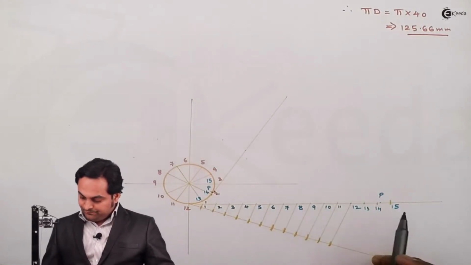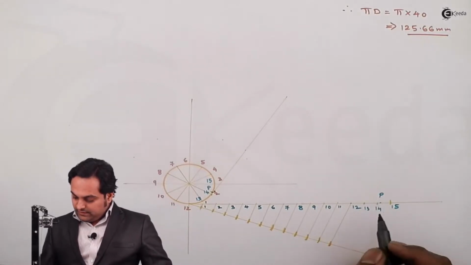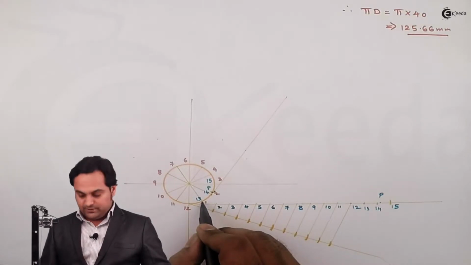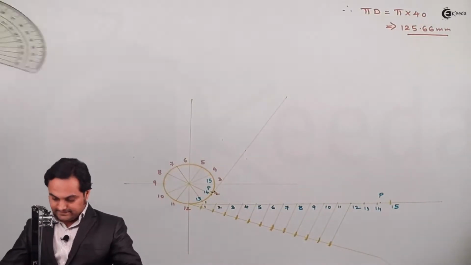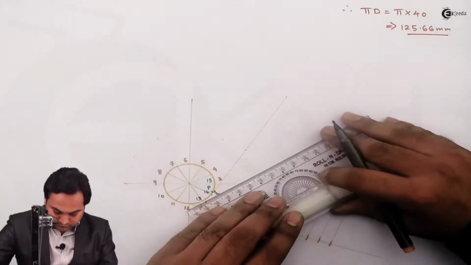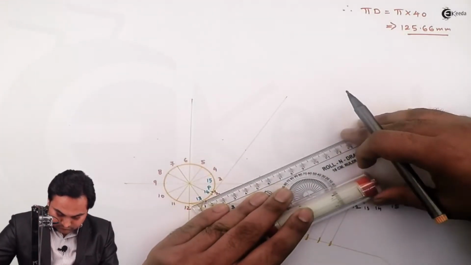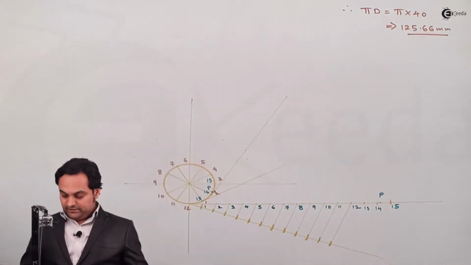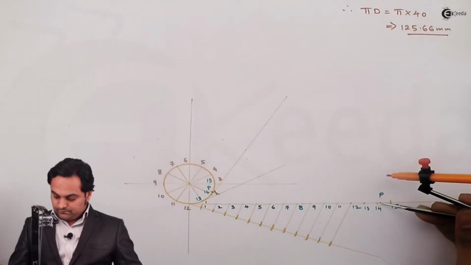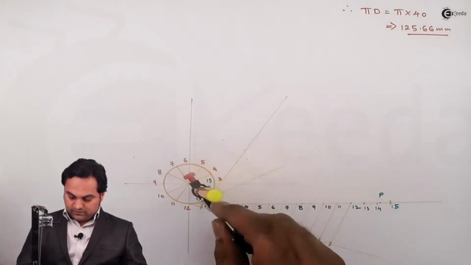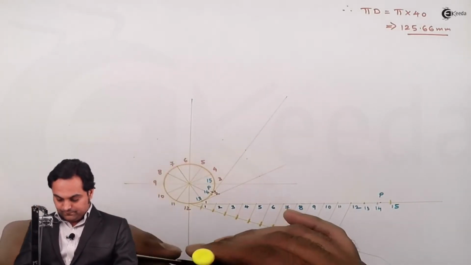Next, after 14, I'll draw the tangent from 13, which is at this location. So for that, drawing a tangent from P to 13, I'll take this distance, keeping it on 13.